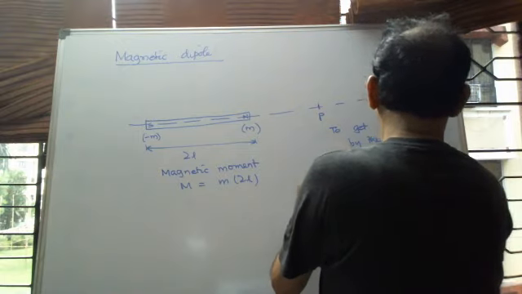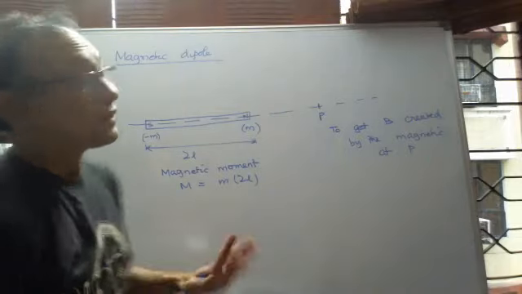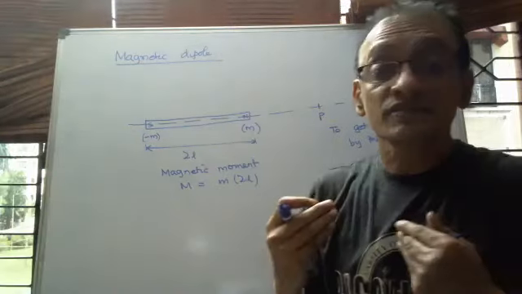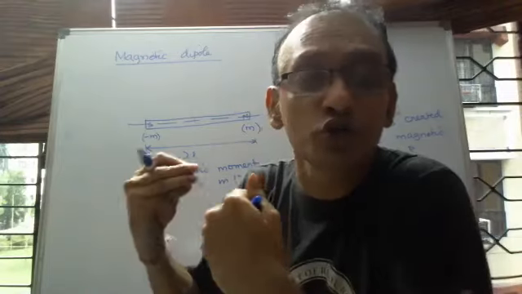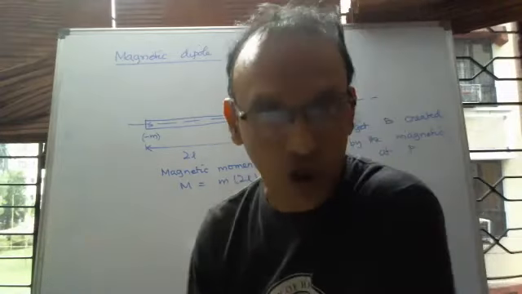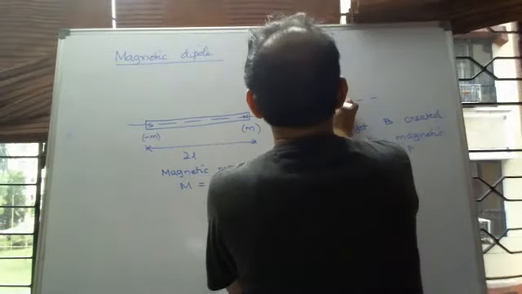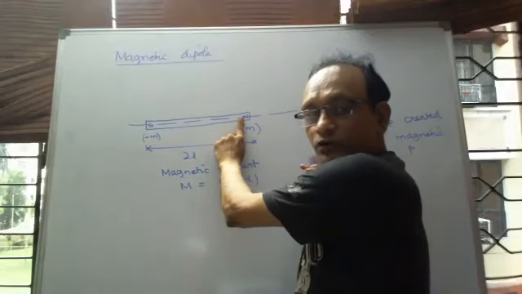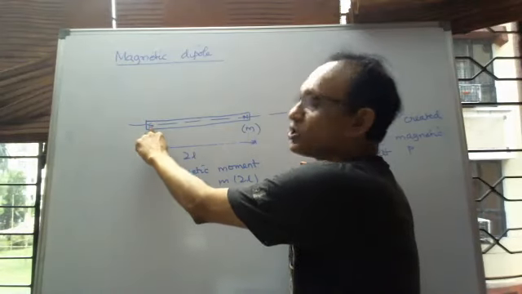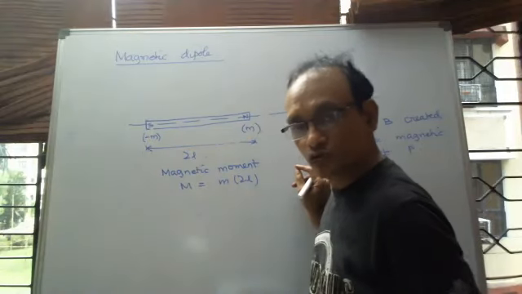The field will be in the direction of the force experienced by an isolated unit north pole. That will give me the direction of it. Now, the field at this point P will be because of this north pole and because of this south pole of pole strength minus m. Yes or no?